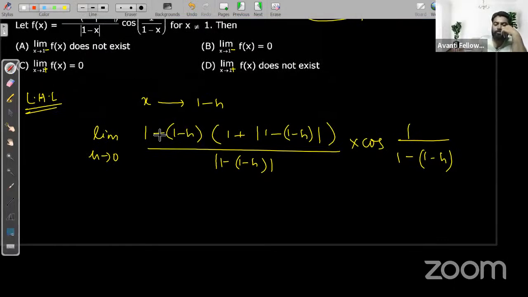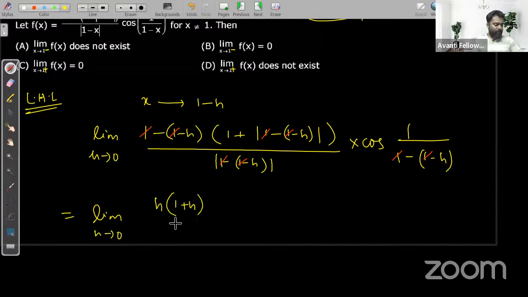You can see here 1 will be cancelled out, and this one will be cancelled out also. Oh, no, actually we did the wrong thing.